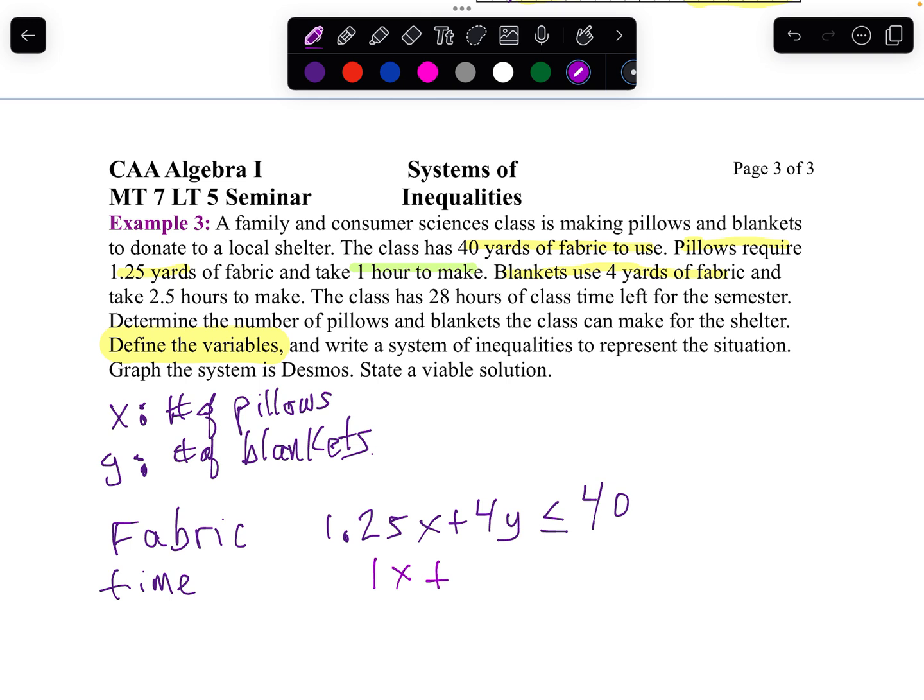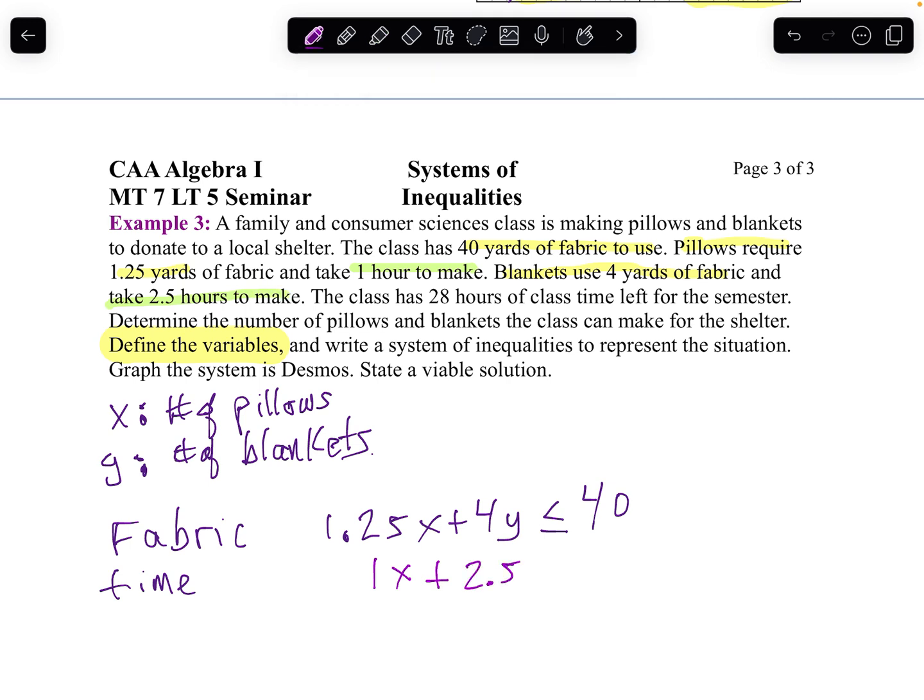And then we continue on. Blankets, they take 2.5 hours to make. So plus 2.5y. And the class has 28 hours of time. So that's less than or equal to 28 because they can't spend any more than 28.